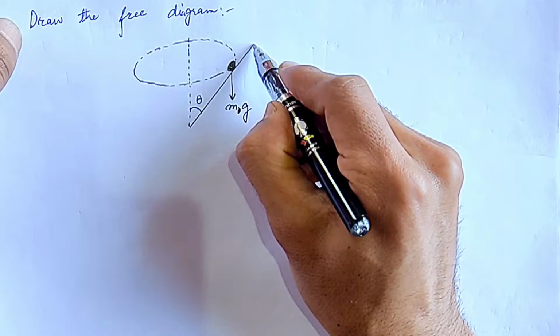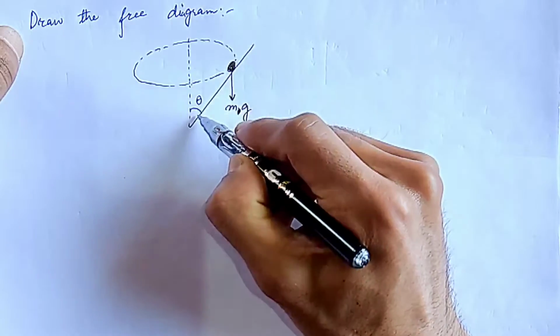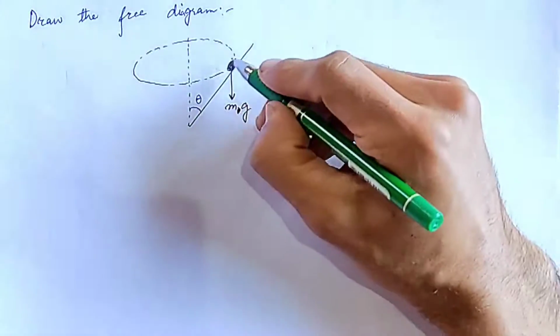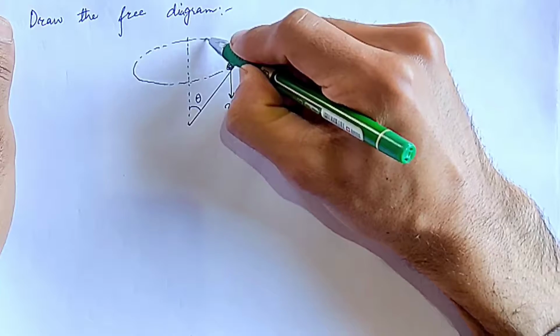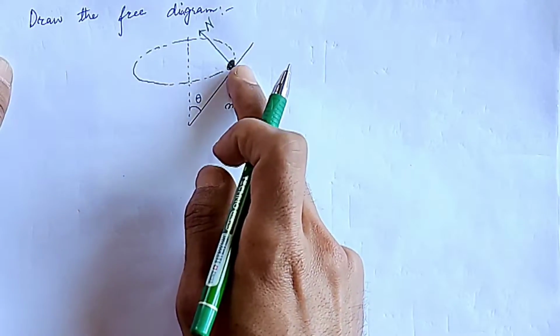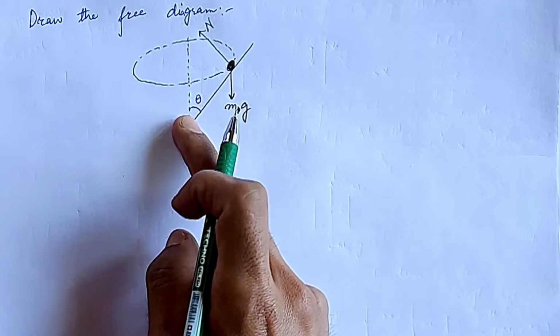Another thing, the normal force will be perpendicular to the surface, because normal force is always normal, meaning perpendicular to the surface, and that will be given like this. This will be the perpendicular N. So it will be perpendicular to the surface of the cone.